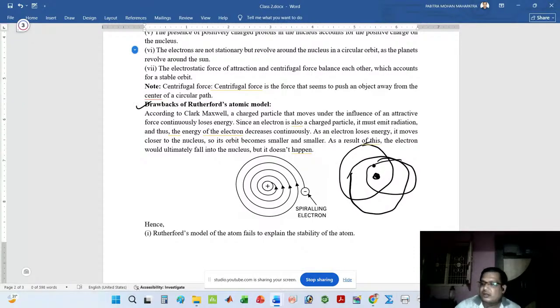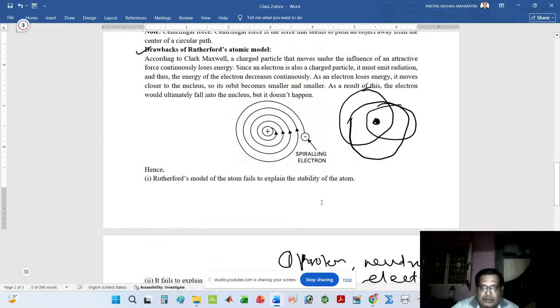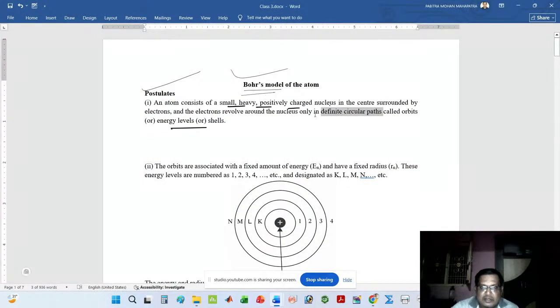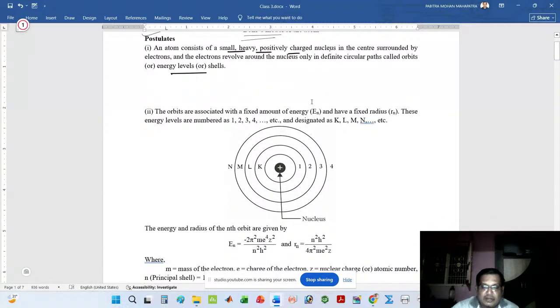But the Bohr atomic model says that electrons revolve around the nucleus in a definite circular path having a particular amount of energy. That means the orbit looks like this.